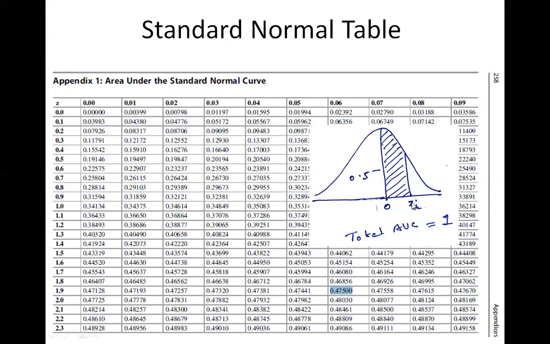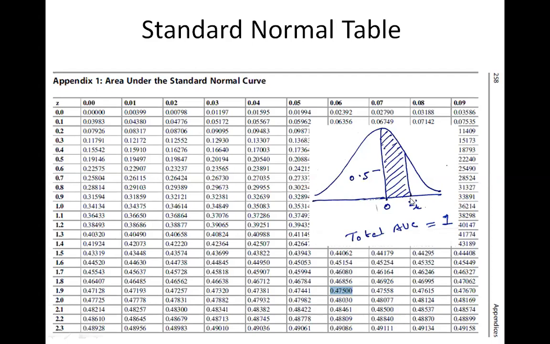So if this is 1.33, the shaded area is 0.40824, and the total area on the left side of 1.33, that is the area from this point up till the end point here, is 0.5 plus 0.408. So 0.5 plus 0.408 will be the area on the left side of 1.33.